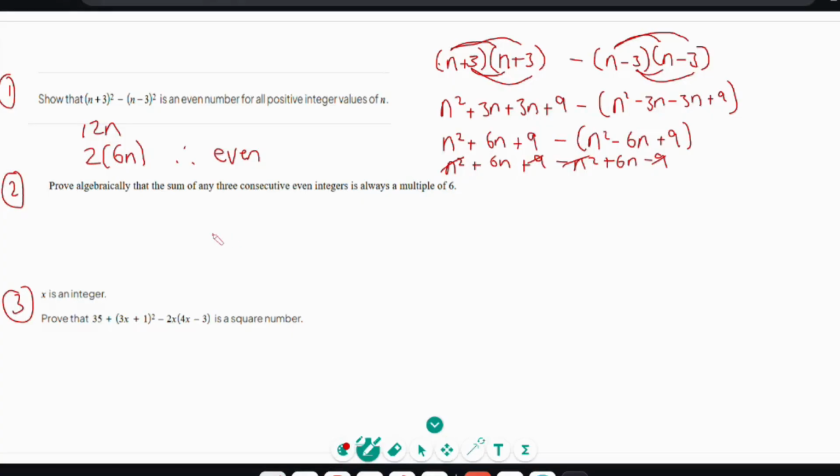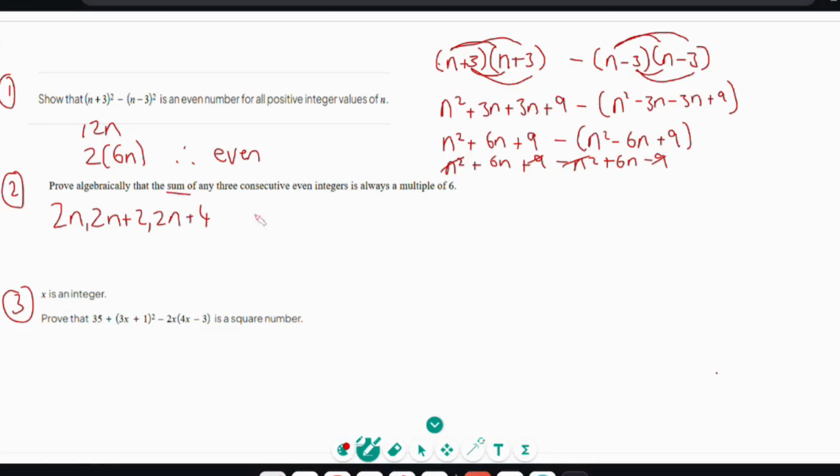Prove algebraically that the sum of any 3 consecutive even integers is always a multiple of 6. So our first even integer is 2n. 2n plus 1 will be odd. 2n plus 2 is the next even integer. 2n plus 4.